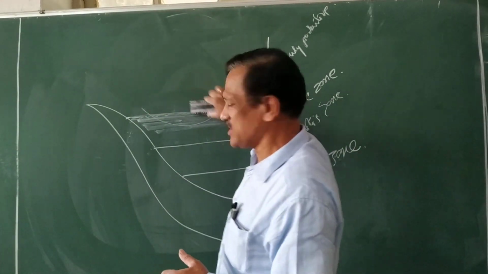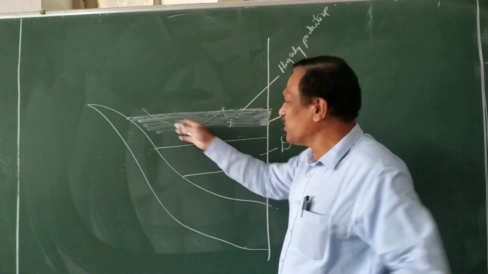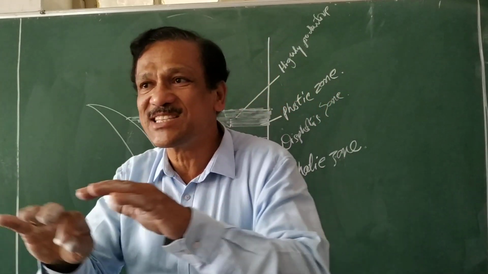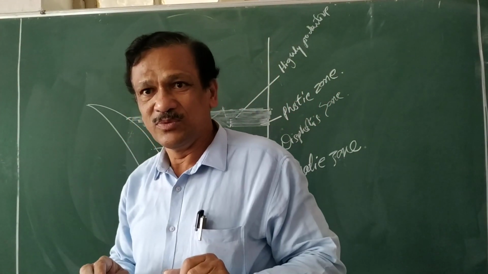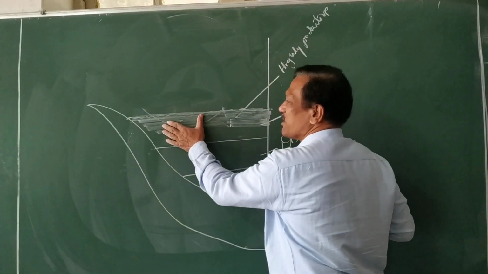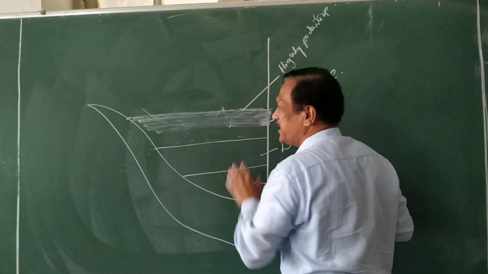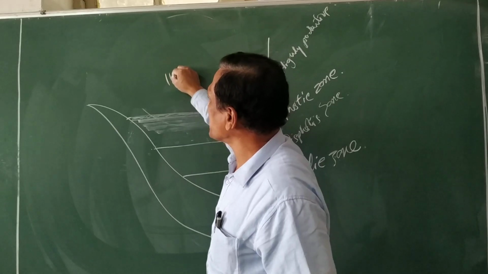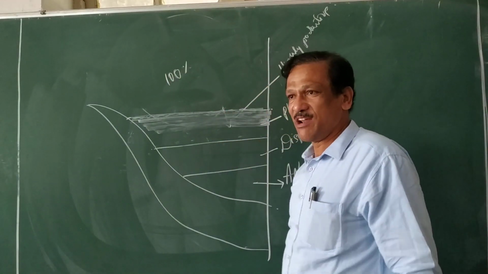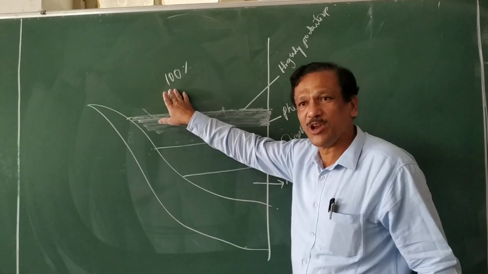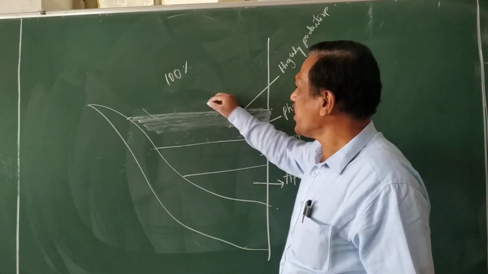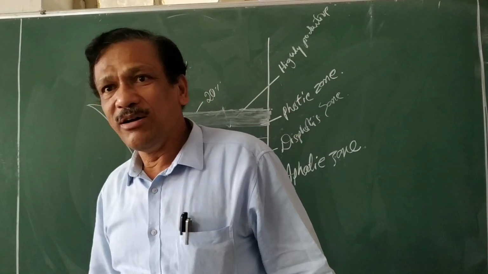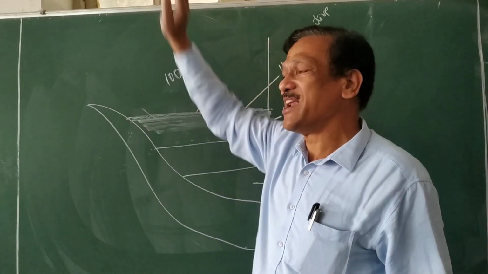So this is the pond ecosystem and this is the amount of water, and water is nothing but a liquid where these water molecules are in a slightly more scattered pattern than that of ice. Even though these water molecules are scattered in the form of a liquid, they resist the penetration of solar radiation. For example, out of 100% of solar radiation which falls on the surface, 20% is reflected.